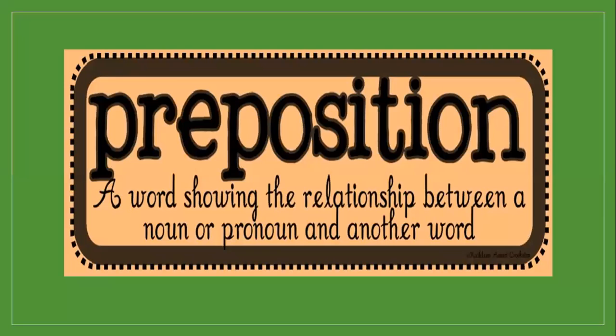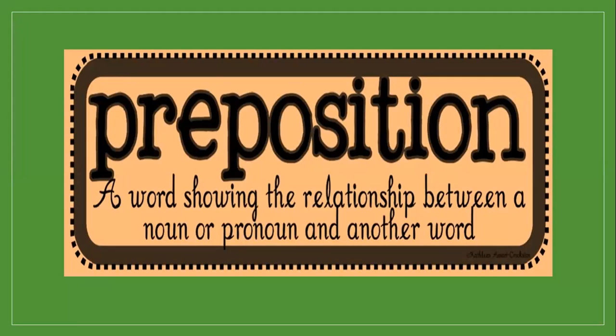Now, what is a preposition? A preposition is a word showing the relationship between a noun or pronoun and another word, okay? So basically, when we are discussing prepositions, you have to make sure what the position is. If you break up the word itself, you are actually telling the position of something, that is, the position of that thing in relation to another.